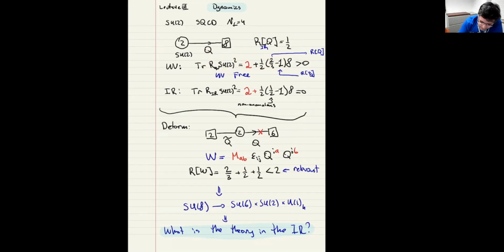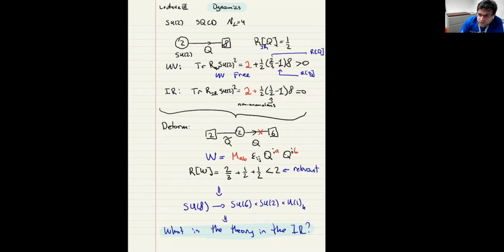The free chiral multiplet has R charge 2/3, which means that the scalar component has this R charge, but the fermionic R charge is shifted by -1. This is the contribution of the fermion. This is the trace of SU(2) squared in the fundamental representation, which gives half, and we have 8 fundamentals. This number turns out to be positive. As we discussed, this means that this theory is asymptotically free.